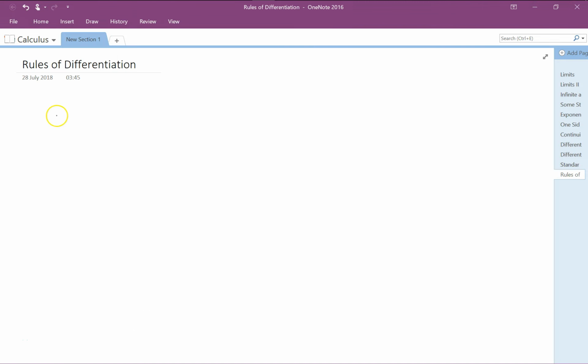Let's say we have to find the derivative of a function f of x equal to square root of x sin x minus 3x square plus 3 by x minus e to the power of x square.